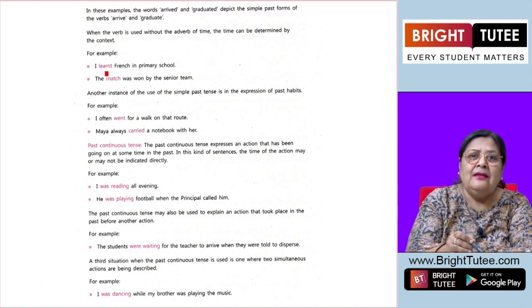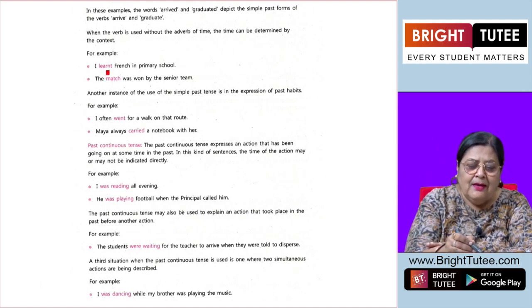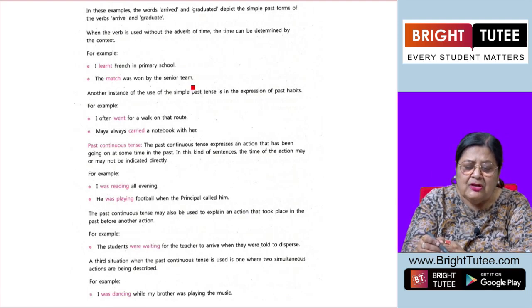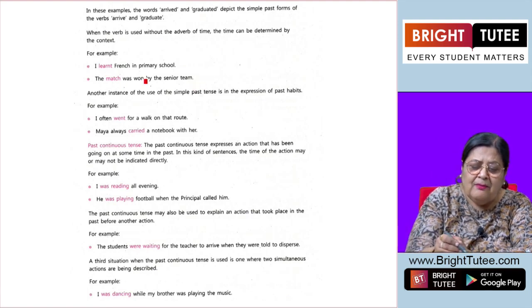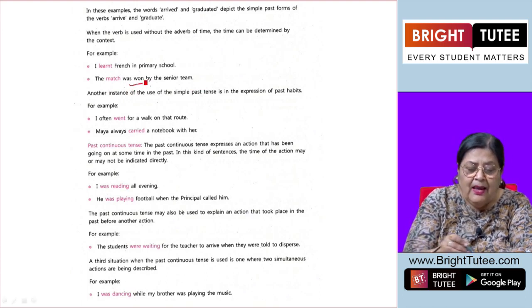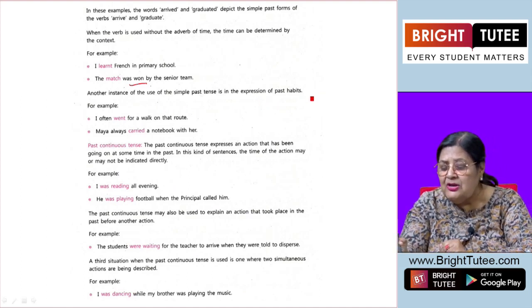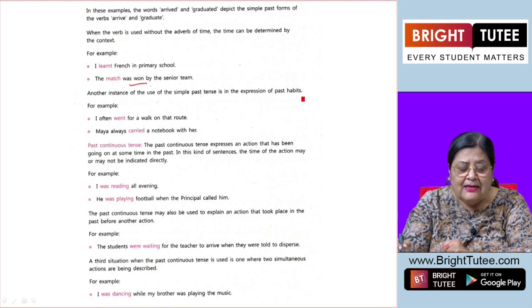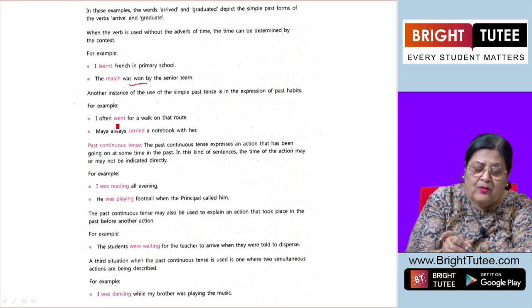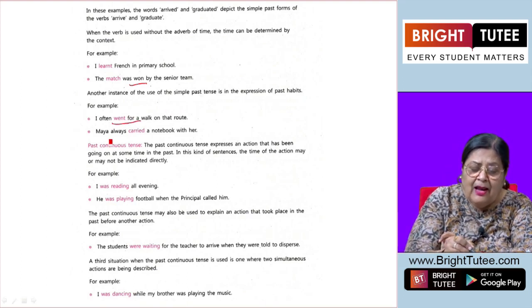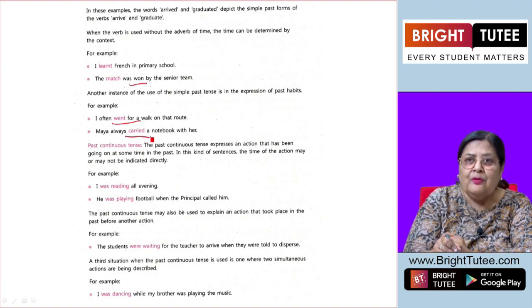Like learn and learnt. I learnt French in primary school. The match was won by the senior team. Another instance in the simple past tense is the expression of past habits, for example: I often went for a walk. Maya always carried a notebook.